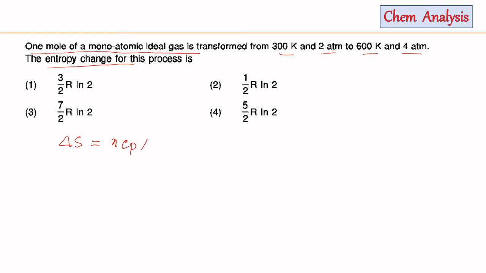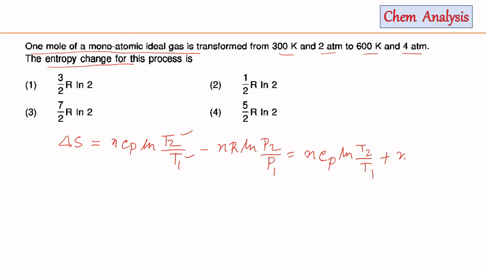Then the formula will be nCp ln T2 by T1, where T2 is the final temperature and T1 is the initial temperature, minus nR ln P2 by P1. You can also write it like this: nCp ln T2 by T1 plus nR ln P1 by P2. P2 is the final pressure, P1 is the initial pressure.